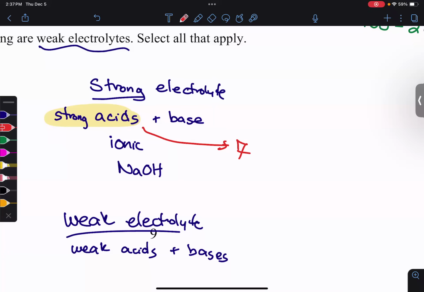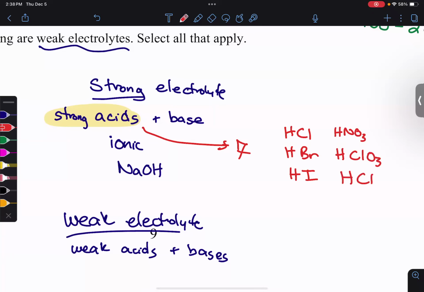The halogens except fluorine, so it's HCl, HBr, HI, then HNO3, what else? HClO3, HClO4, and then sulfuric acid, but it's only the first hydrogen, the first proton. Those are your 7 strong acids.